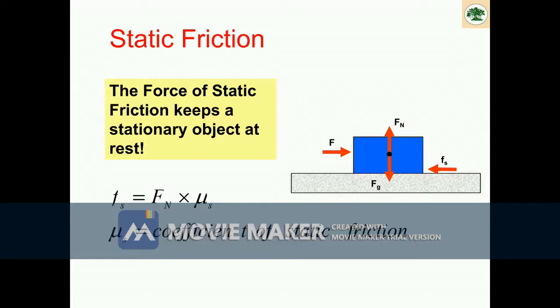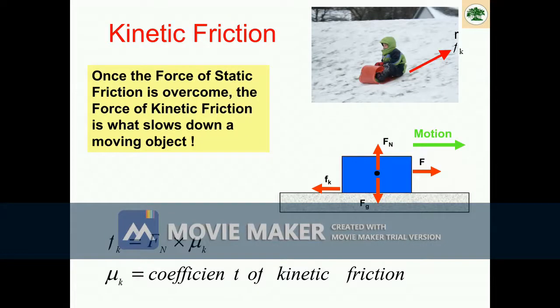The second friction is the kinetic friction. Once the force of static friction is overcome, there is motion between the two objects. One body will slide over another body and this will give rise to kinetic friction, as shown in the figure.